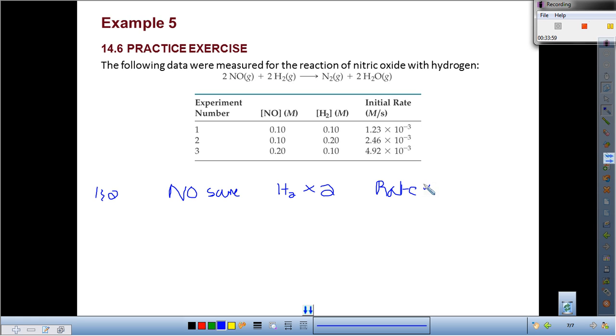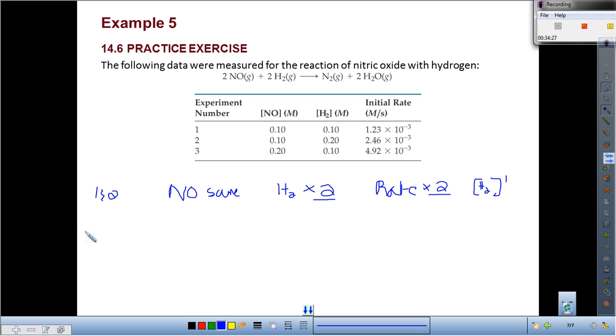And so what is that? That is a double. So, the question is, is this a no effect, a direct effect, or an exponential effect? Because this is doubled, and this is also doubled, that is a direct effect, which tells me that hydrogen is a first-order reactant.